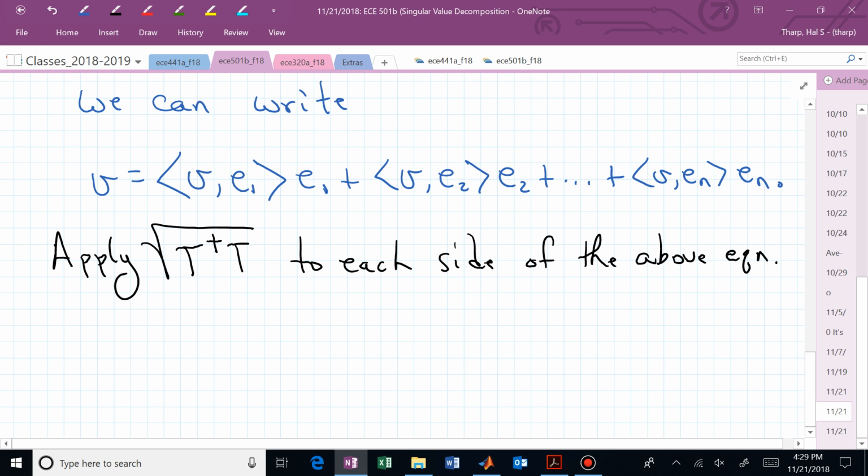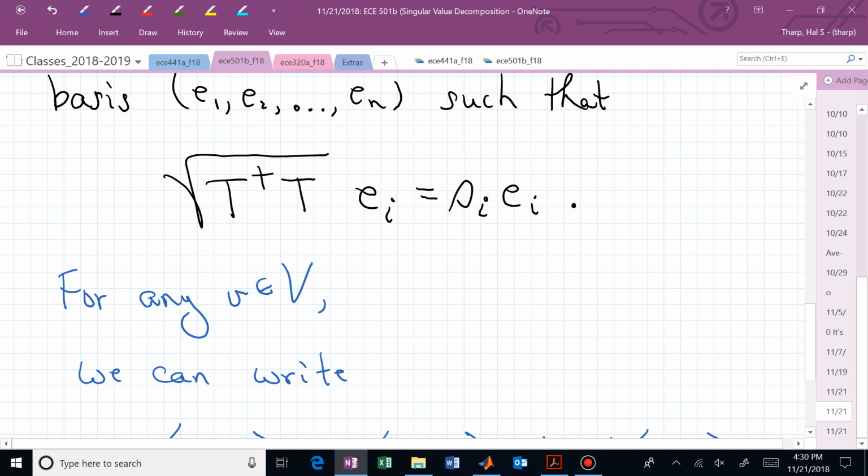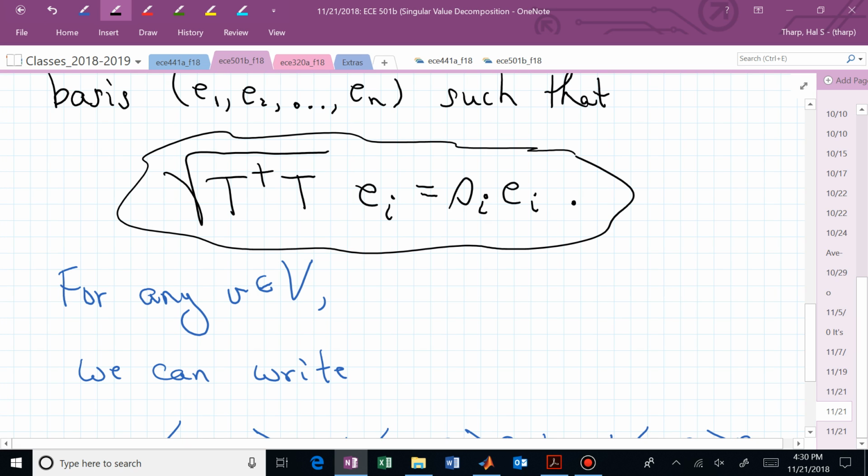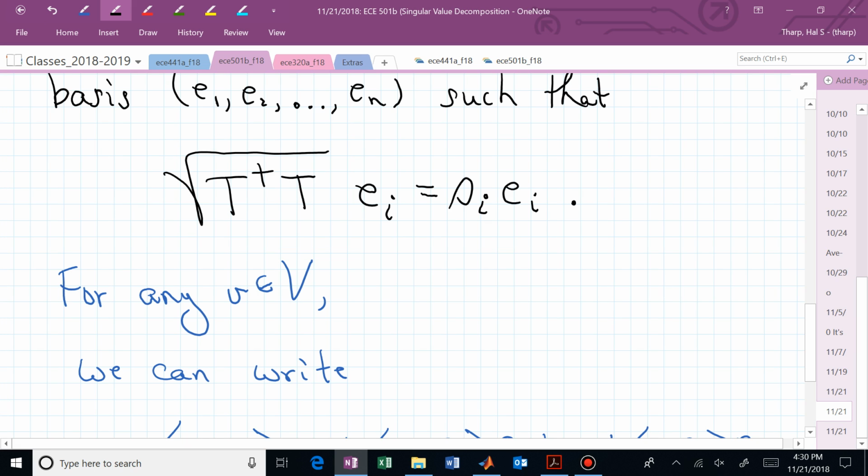And remember that these inner products produce a scalar. On the left, we then have the square root of T dagger T applied to v, and that's now equal to, well, now if we apply the positive square root of T dagger T to these basis vectors, we've already defined what those look like. Those just give us this eigenvalue times the respective eigenvector e sub i.